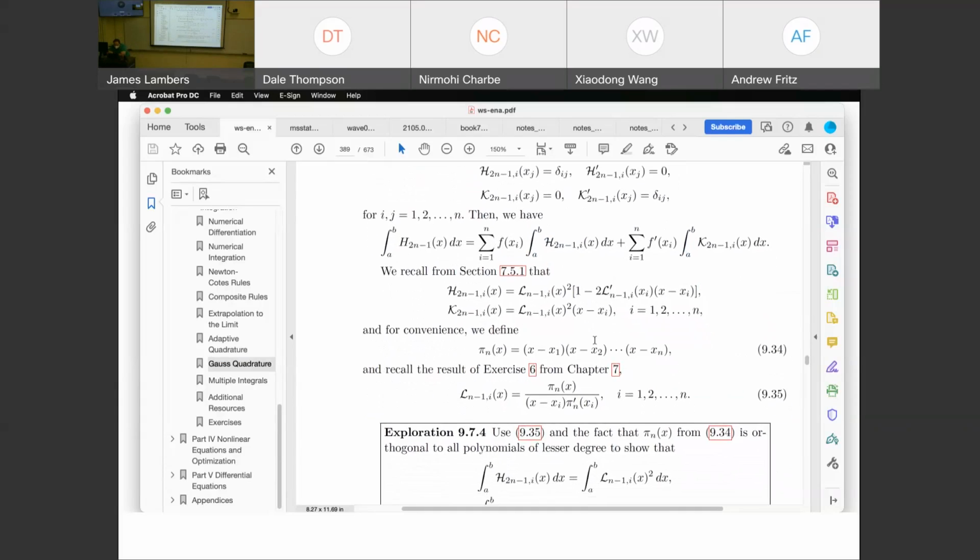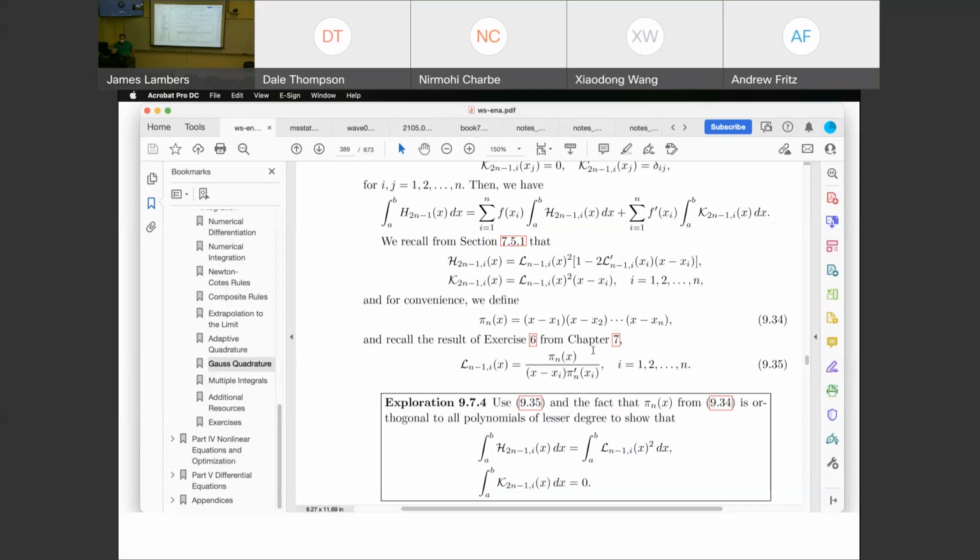What's interesting is the integrals of these polynomials, the k's, turn out to be 0. Meanwhile, the integrals of these polynomials, the h's, turn out to be this. And we saw what this is before. Those are the quadrature weights. So the integral of the Hermite interpolating polynomial turns out to be exactly the Gauss Quadrature rule. So because this part goes away completely, we can use this for error analysis.